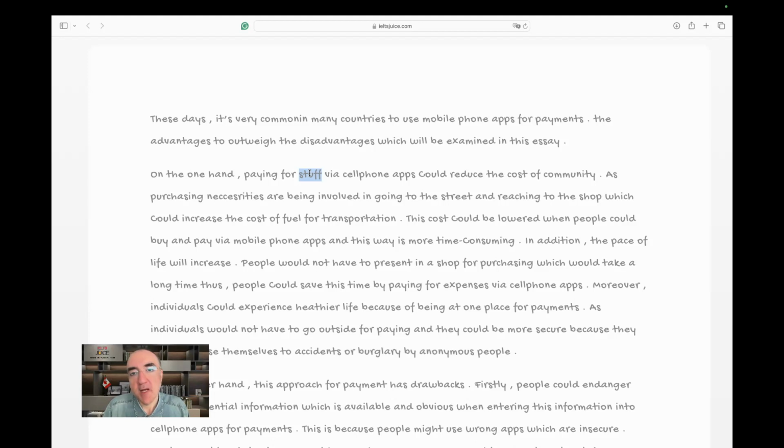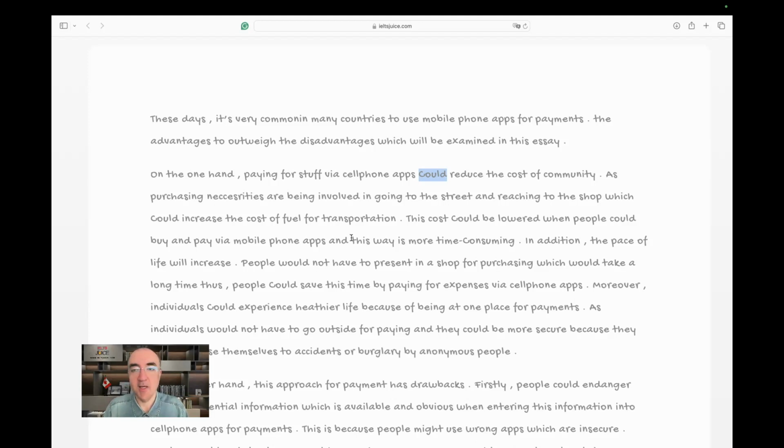Via cell phone apps can reduce the cost of community. Excuse me? Paying for stuff via cell phone apps can reduce the cost of community. Commuting, commute. Oh, wow.